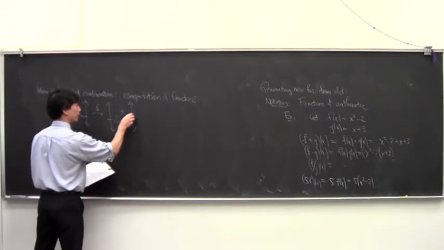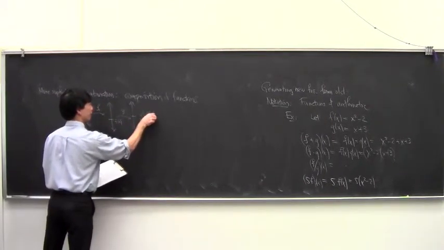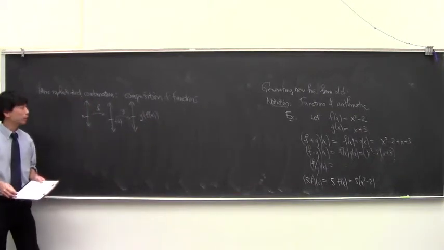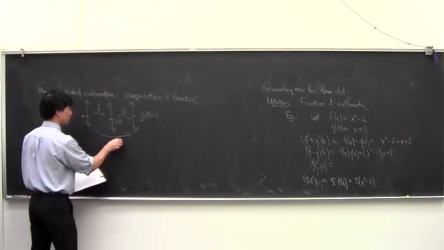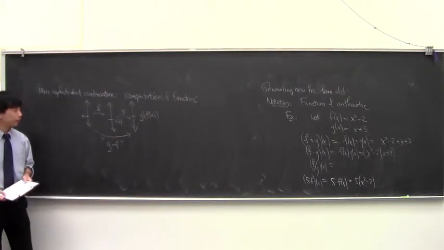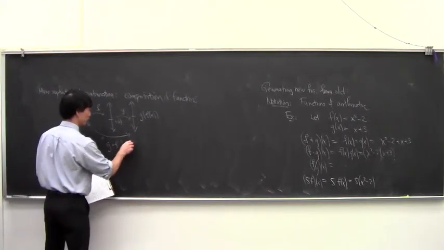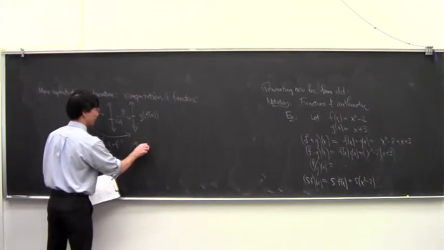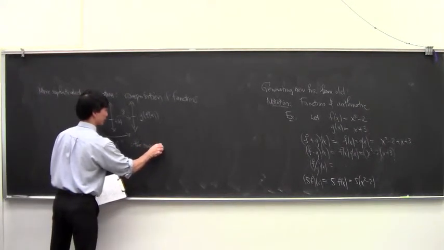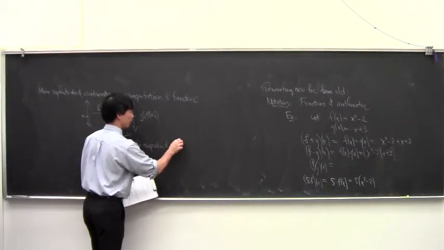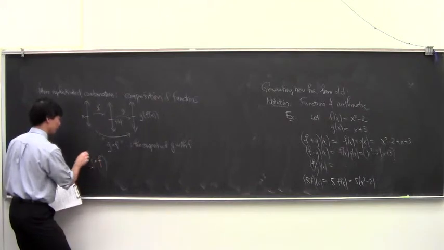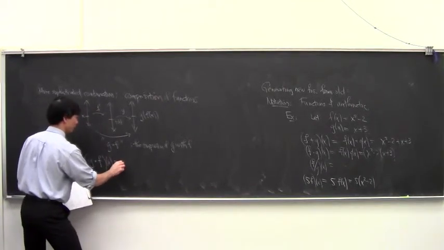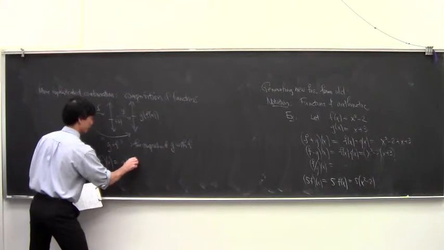You apply g to that, and you get g of f of x. That composed function is denoted by g little circle f, the composition of g with f. So whenever we write g circle f of x, we mean g of f of x.